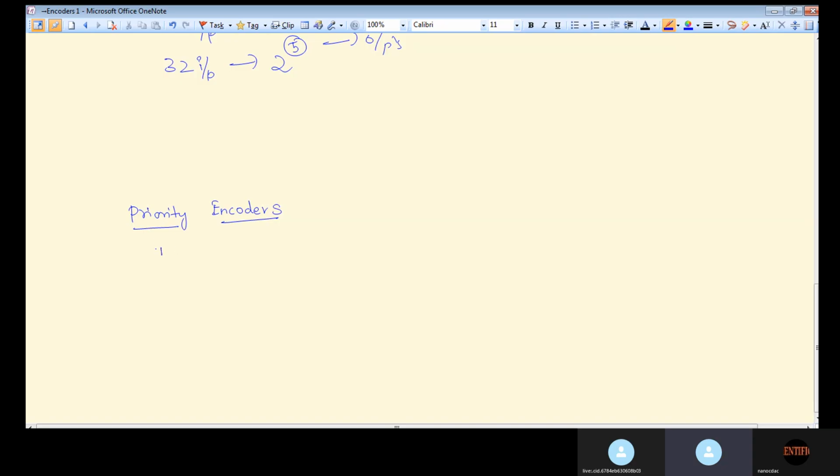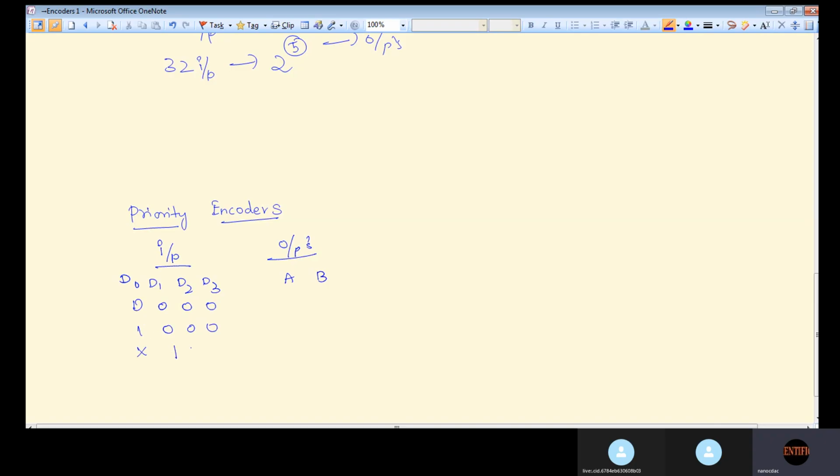టోటల్ ఇన్ఫర్మేషన్ కాకుండా దేన్నైతే ప్రయారిటీ ఇస్తామో దానికి ఎన్కోడ్ డేటా. ఇప్పుడు చూడండి, నేను ఒక ట్రూత్ టేబుల్ ఇస్తాను మీకు ప్రయారిటీ ఎన్కోడర్కి. ఇక్కడ కూడా D0, D1, D2, D3, and here outputs are A and B. Okay, so if you see here, 1 0 0 0 ఇస్తున్నాను.